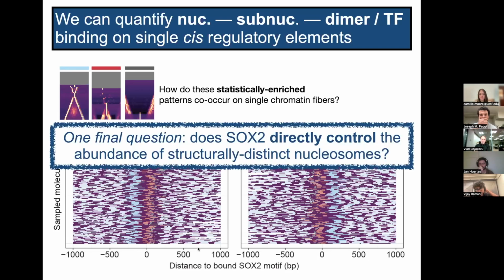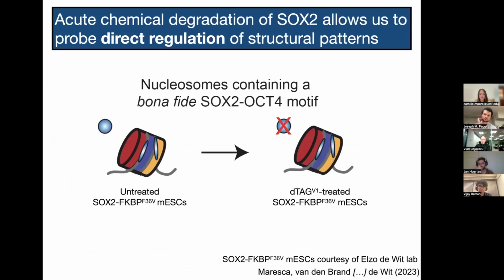And then one final question, does the protein actually directly control the abundance of these nucleosomes? So we collaborated with Elzo de Wit's lab at NKI and used these small molecule sensitive degrons to basically erase SOX2 at the protein level in these cells, and then did these same experiments.